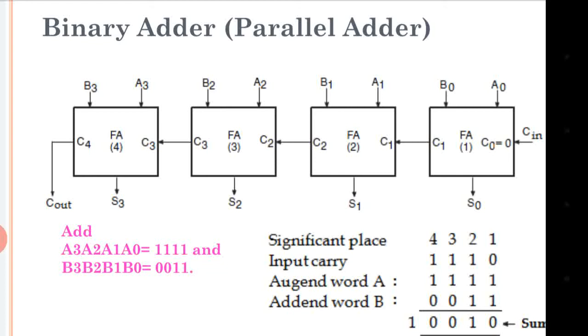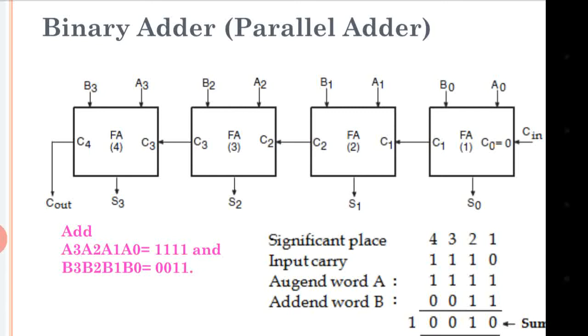You will observe it is a 4-bit binary adder adding the two 4-bit numbers A3 to A0, B3 to B0. Initial carry in is there, it should be connected to the ground for the least significant bit.